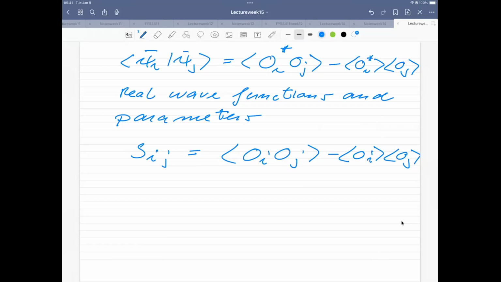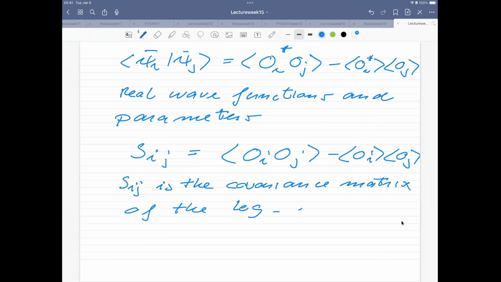So what we have then is that this Sij is the covariance matrix of the logarithmic derivatives, of the log derivatives. So this S actually measures how the parameters change, or the changes in the parameters alter the normalized state.